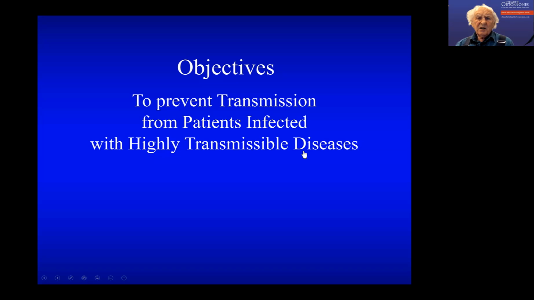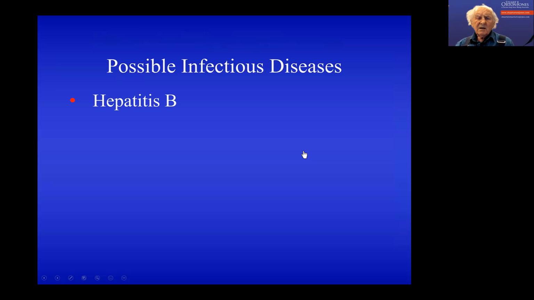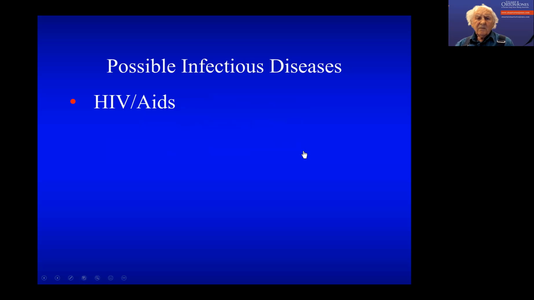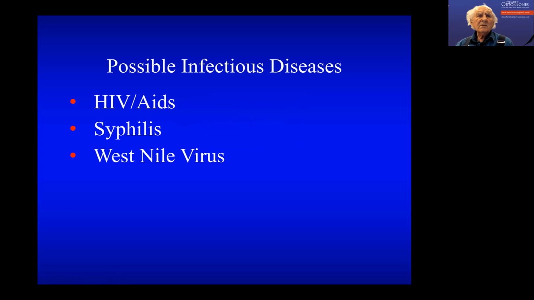We need to prevent the transmission from patients infected with highly transmittable diseases, such as hepatitis B, C, AIDS, syphilis. And do you get West Nile disease in India, Ashwin?